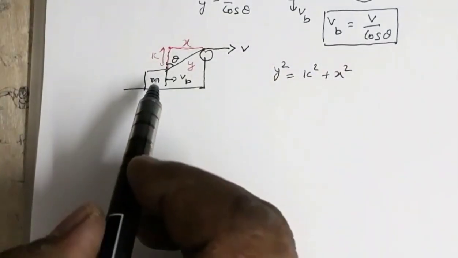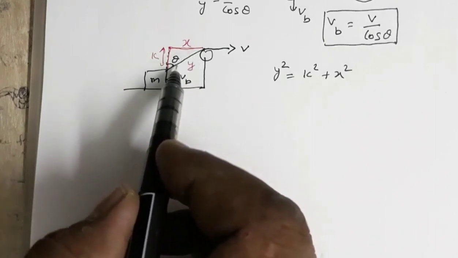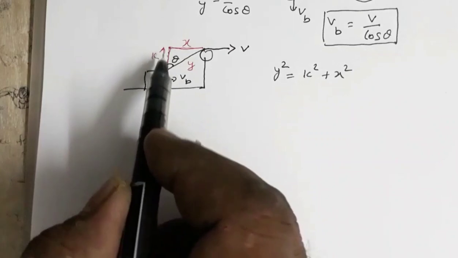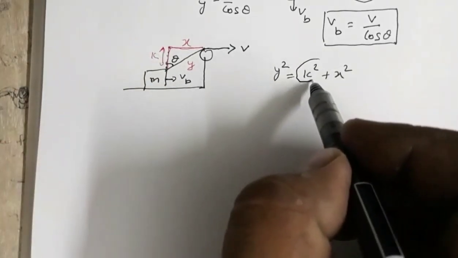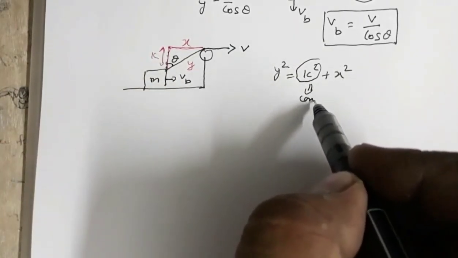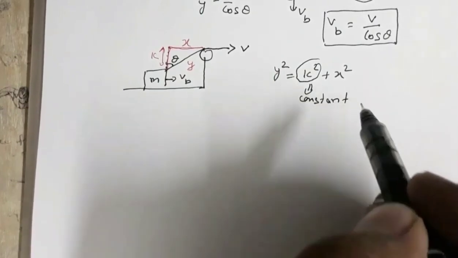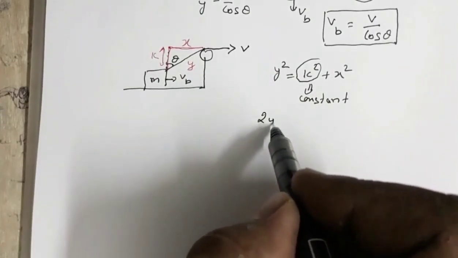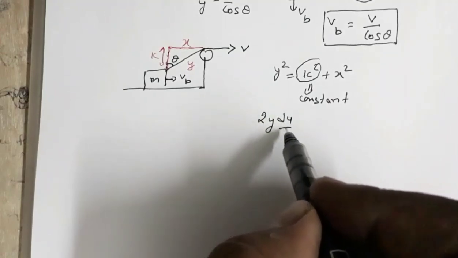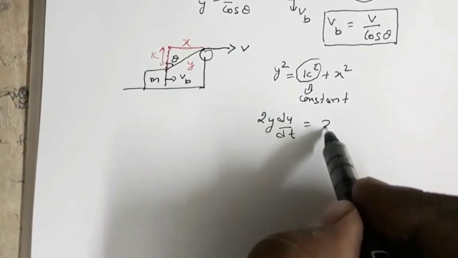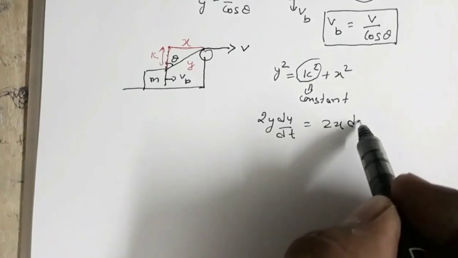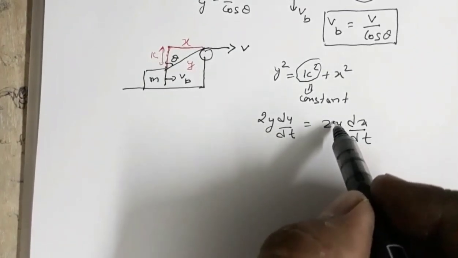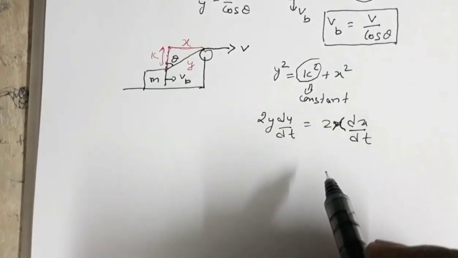Now when the block moves in this direction, the value of y changes, the length of x changes, but this value k remains constant. So if I differentiate with respect to time, I get twice y dy by dt is equal to twice x dx by dt.